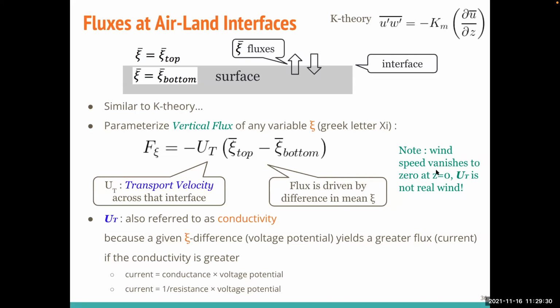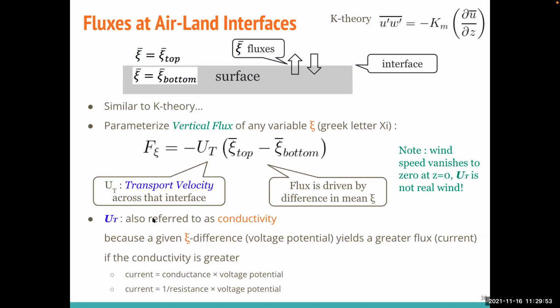So the wind speed vanishes to zero. So of course there's nothing in the surface. It's a solid, right? It's a solid surface. So this eta bottom is zero, and then ut, okay, this one is zero, most of the times, and this one is not zero.